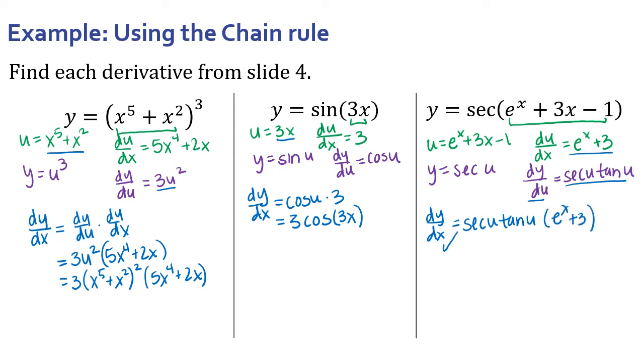So now I'll substitute in e to the x plus 3x minus 1 everywhere I see a u. So this becomes the secant of the quantity e to the x plus 3x minus 1 times the tangent of the quantity e to the x plus 3x minus 1, all times the derivative of u with respect to x, which is e to the x plus 3.